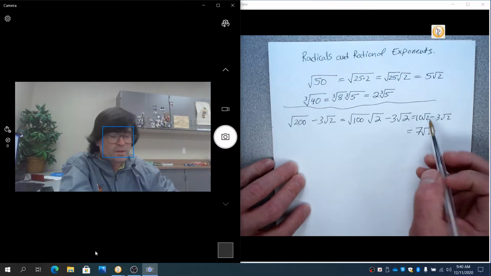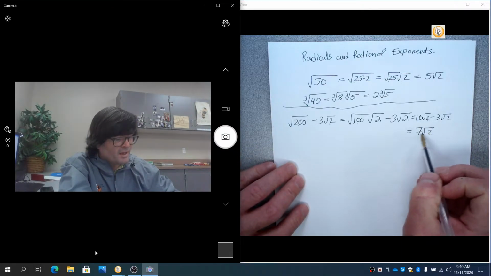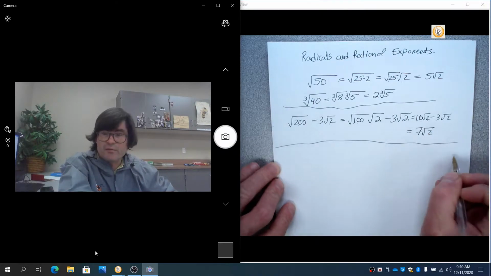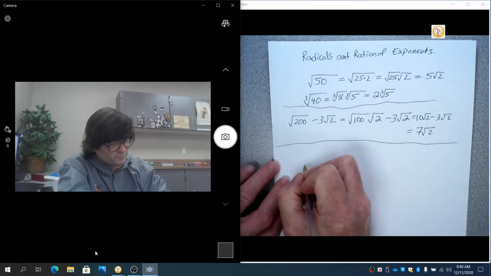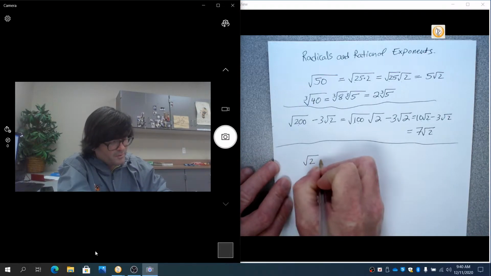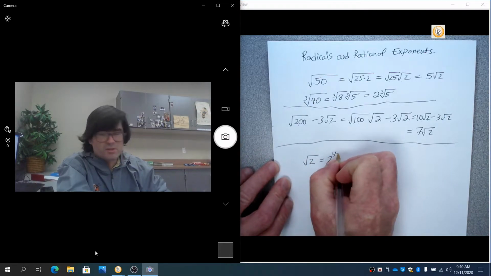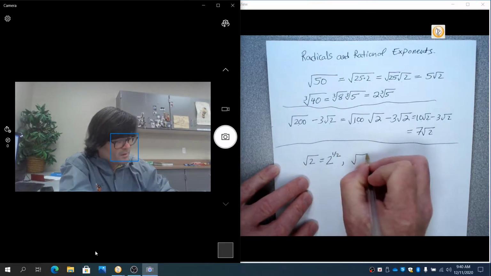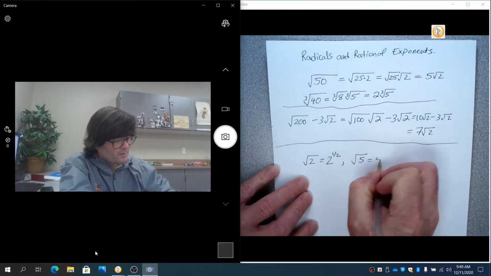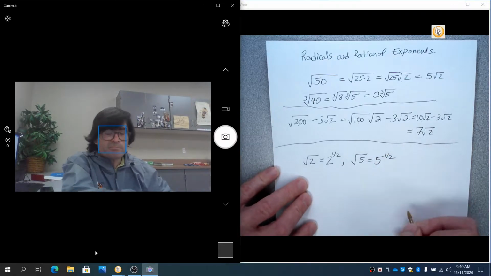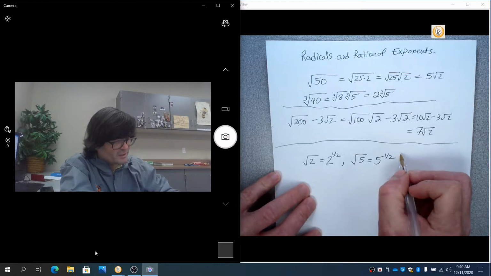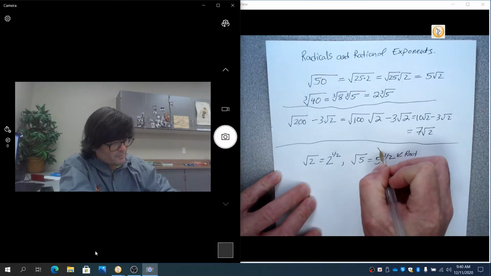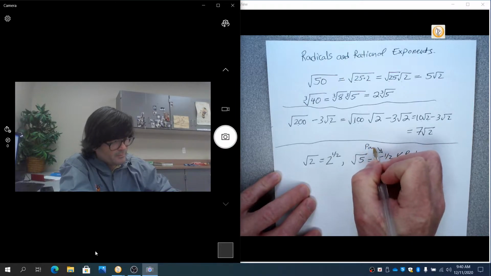When you have something with a root and then the number under the root, you can write that as a fractional exponent. The square root of 2 is the same as 2 to the 1/2. The square root of 5 is 5 to the 1/2. When you have a fractional exponent, the bottom number is the root, and the top number is the power.